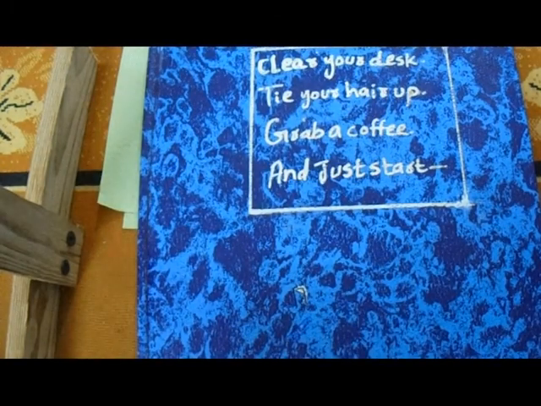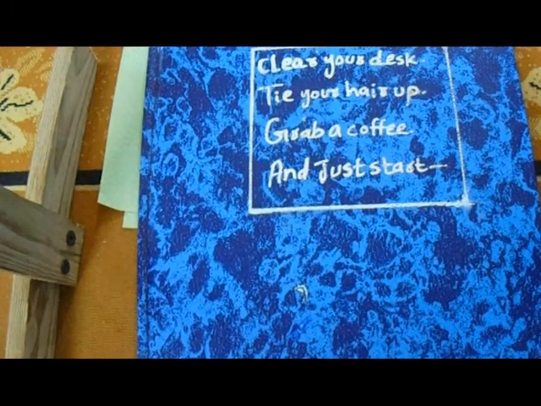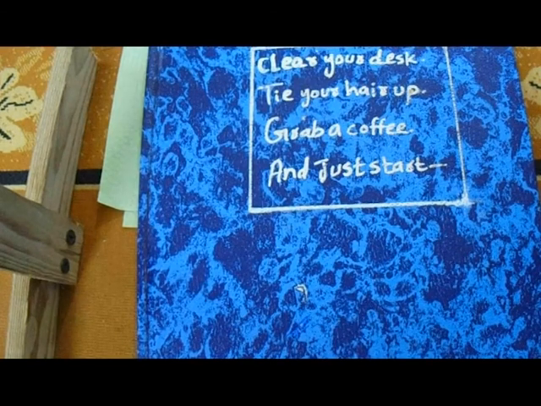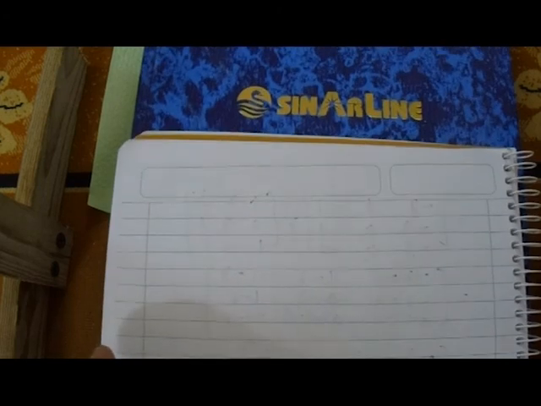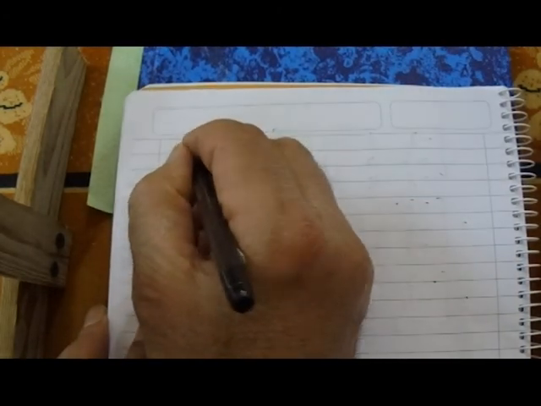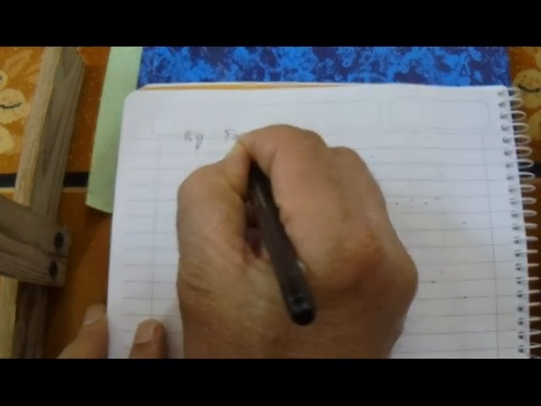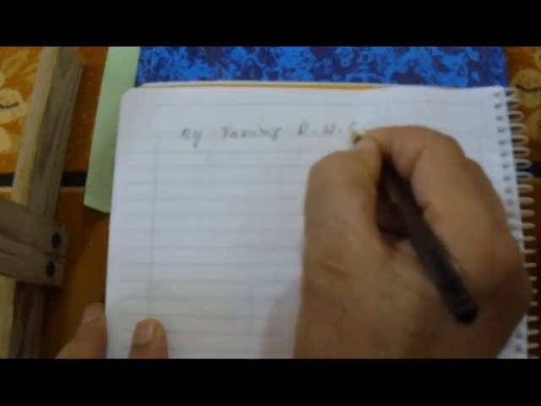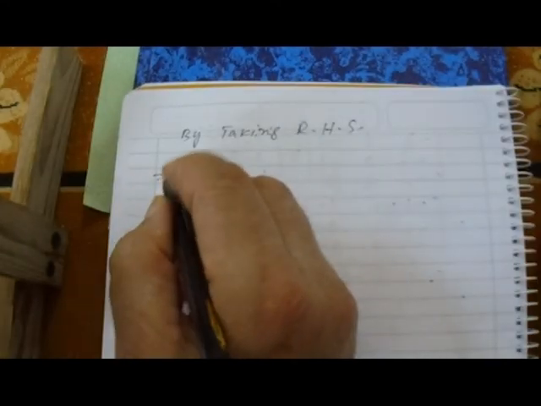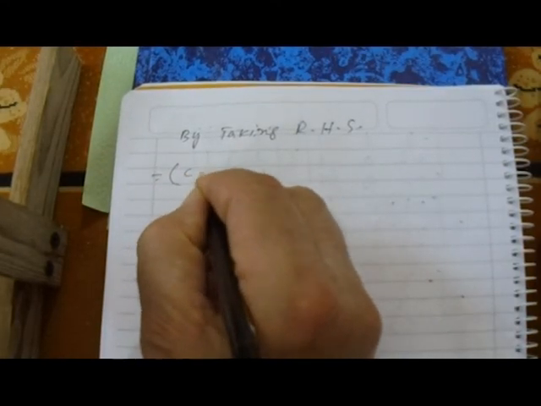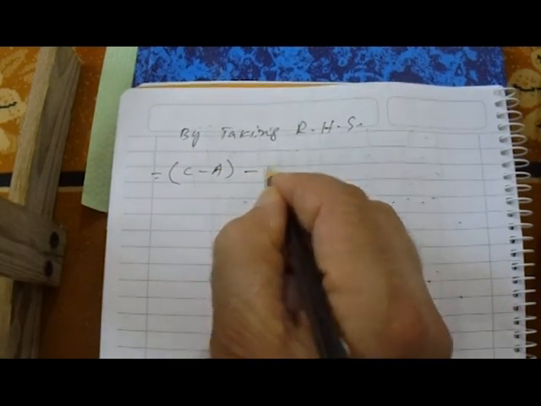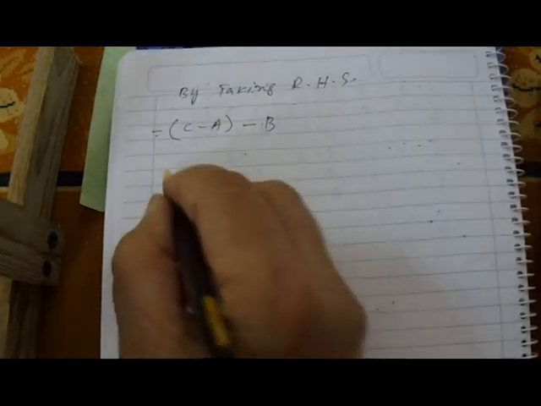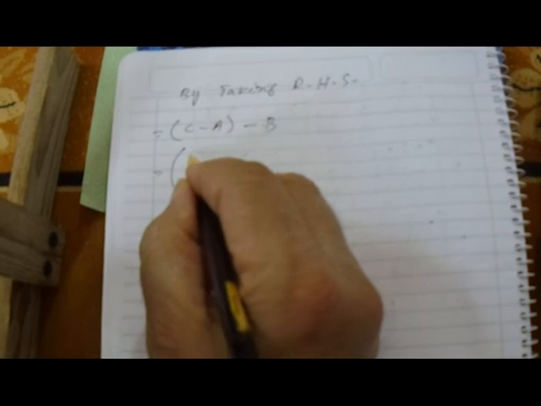Now we solve the right hand side. Our right hand side is equal to C minus A and minus B. Now put the values, this is our round brackets.